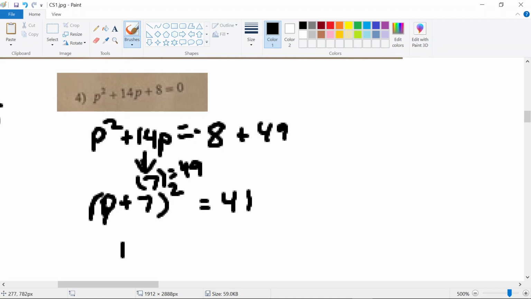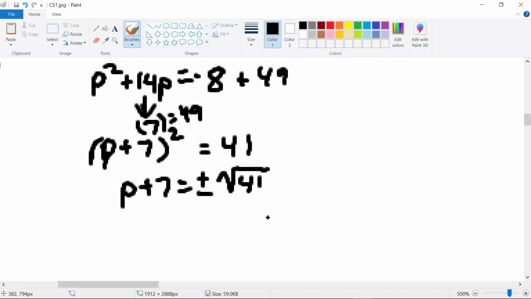Take the square root of both sides. p plus 7 equals plus or minus square root of 41. I don't think 41 is a perfect square, nor does it have any perfect square factors. Now I will subtract 7 from both sides. p equals negative 7 plus or minus square root of 41.